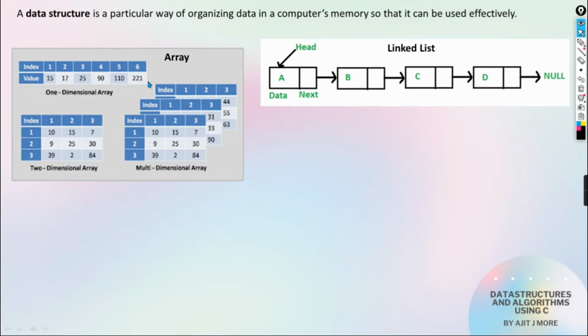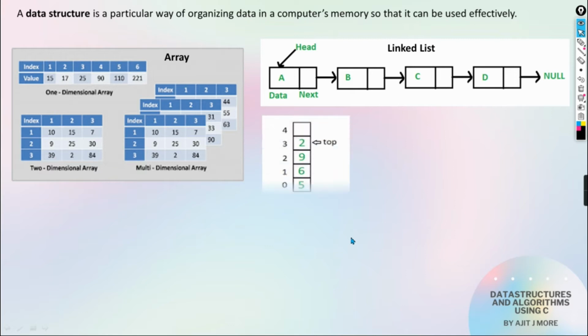They are scattered anywhere in memory, but they are connected to each other by keeping addresses. The first node contains the address of the next, the next contains the address of the next. This way all these elements are bound by links, and that's the reason we call it a linked list.